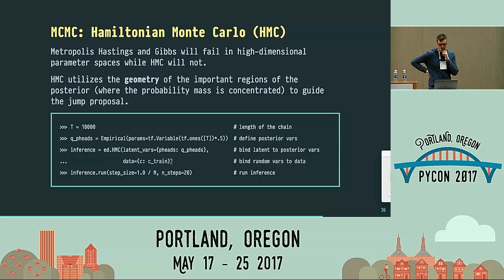I picked here two values that somewhat make sense for this problem, but usually the step size, if you make a smaller step size, the proposals will be closer to where you currently are. And the number of steps also has to do with the way HMC informs these proposals.